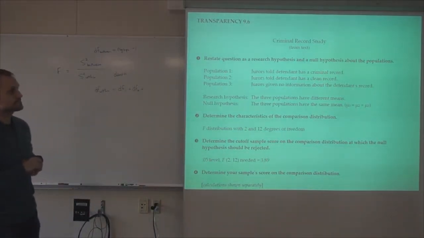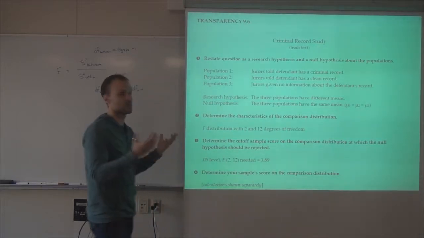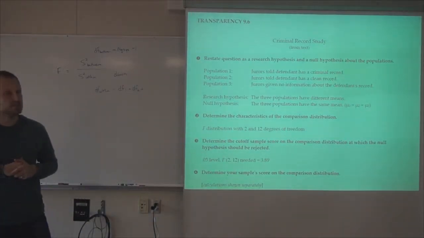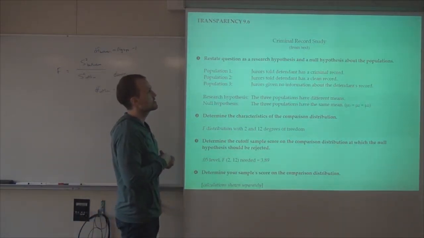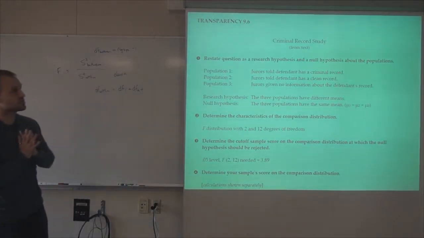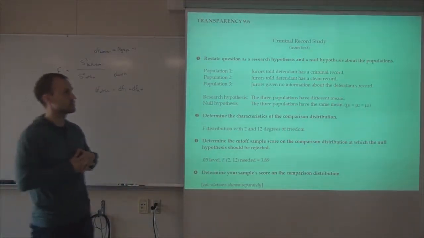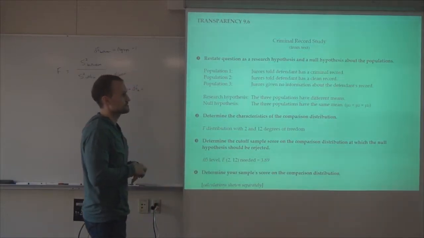And population 3 is the group that's given no information about criminal record or clean record. And the question is, is any group more likely to give a guilty decision for the defendant?